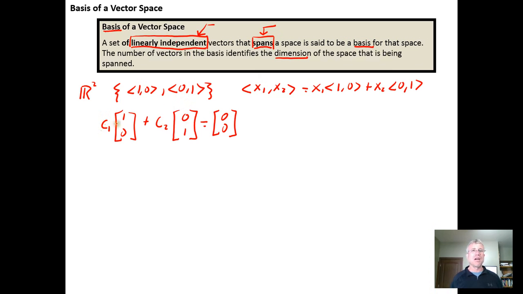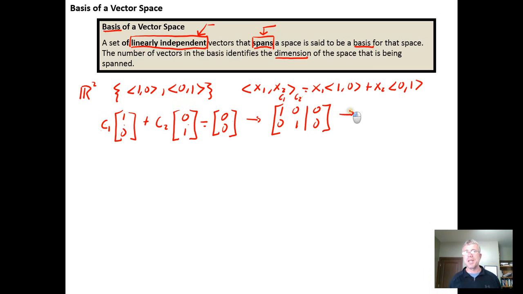If we can find any non-trivial solution, then there will be infinitely many non-trivial solutions, and we won't have a linearly independent set. The reason for writing it in the column vector form is that it immediately translates into an augmented matrix form. In fact, you can see that the augmented matrix it translates into is already in reduced row echelon form. This is the c sub 1 column and the c sub 2 column.